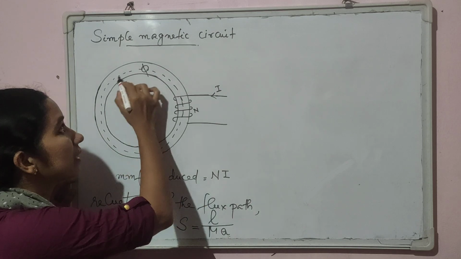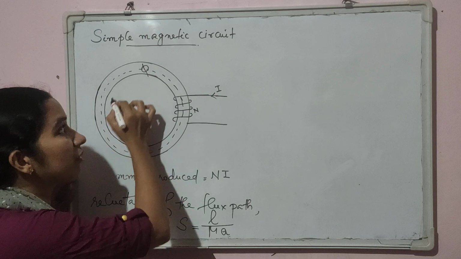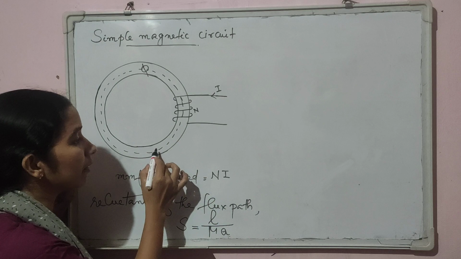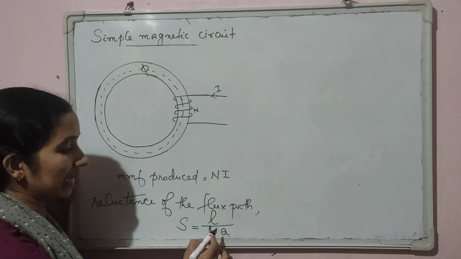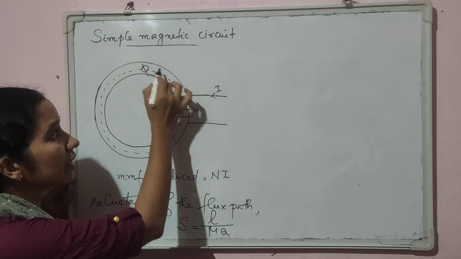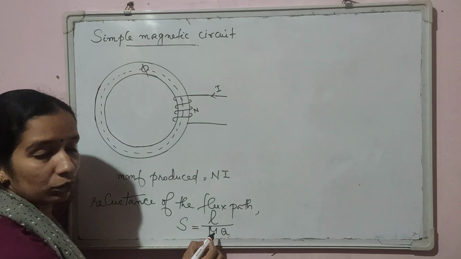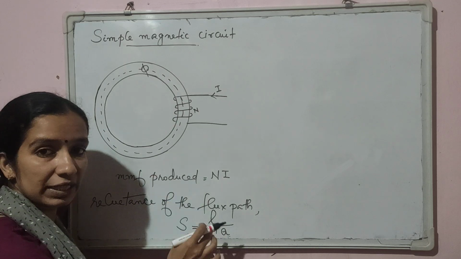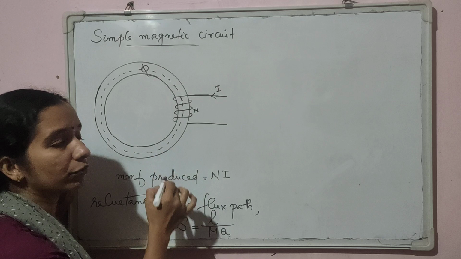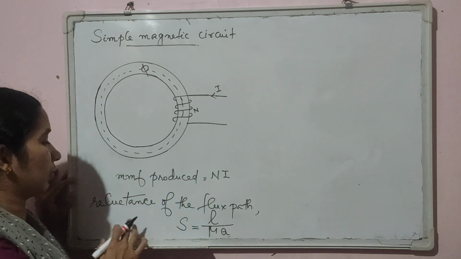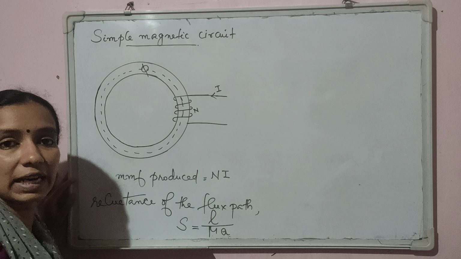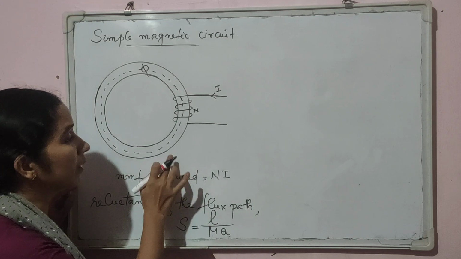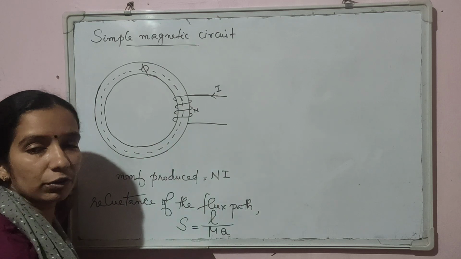Here the magnetic path is this entire iron ring. As it is circular in shape, its length will be its circumference. Mu is the absolute permeability of this iron material, and A is the area of cross section of the iron ring. So by using this equation, we can calculate the reluctance of this iron ring. Reluctance is nothing but the opposition offered by this material to the setting up of flux in it.